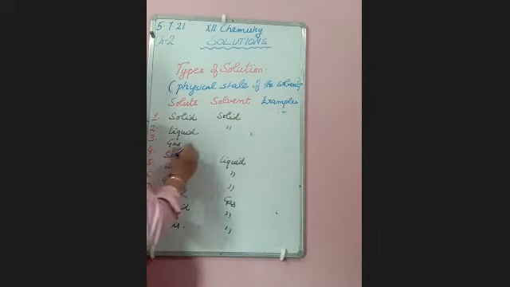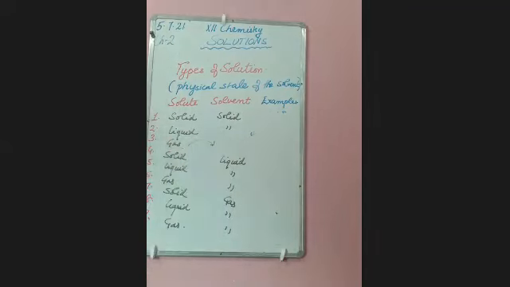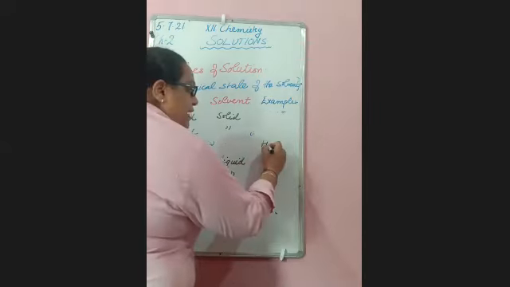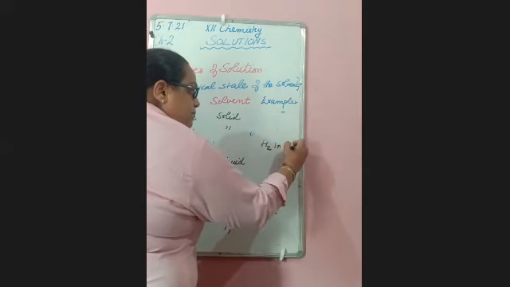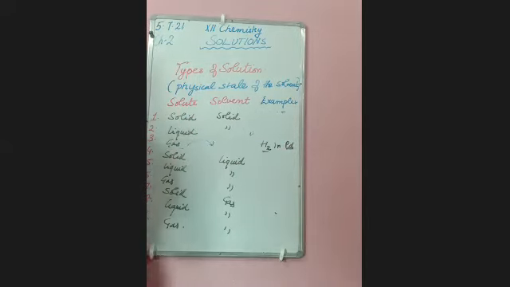Third is your gas in solid solution. It means here the solute is gas and solvent is solid. Like your hydrogen gas in palladium. Hydrogen gas in palladium. It is solid, it is a gaseous state.